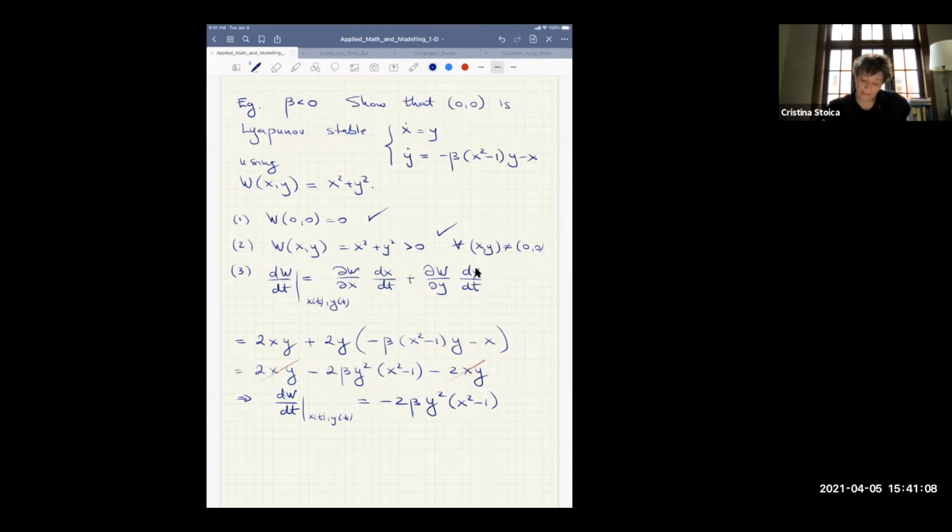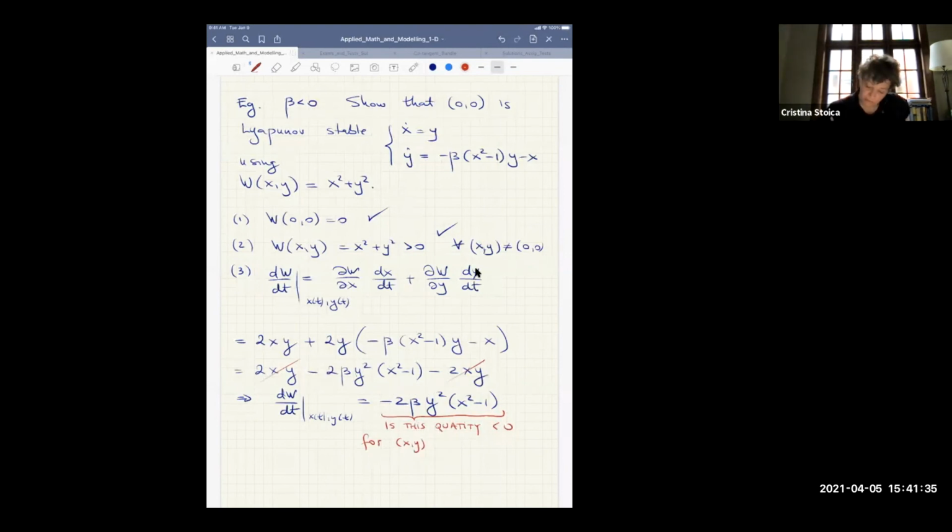Good. And now we have to decide, right? So let's ask the question: is this quantity negative, so all of it, for x, y small enough, right?